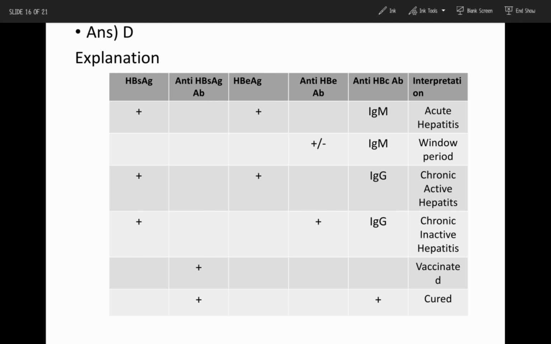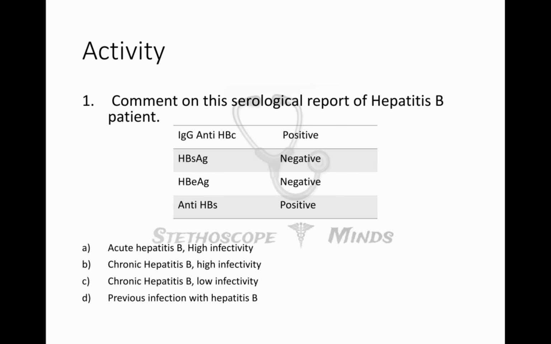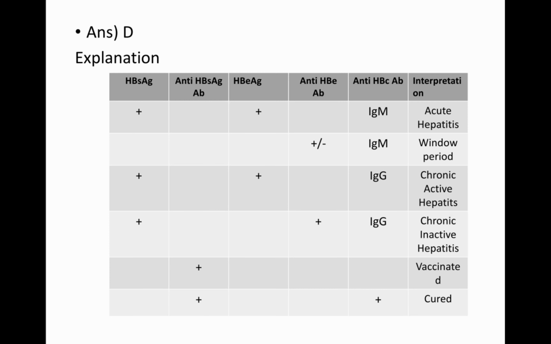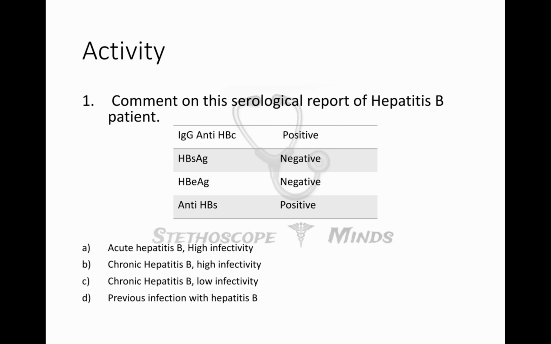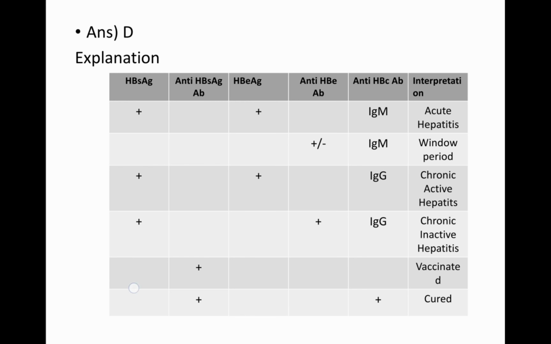The answer is D. Explanation, let's check it. They say IgG anti-HBc is positive, which means chronic, right? And HBs antigen is negative, which means there is no surface antigen and there is no envelope antigen.